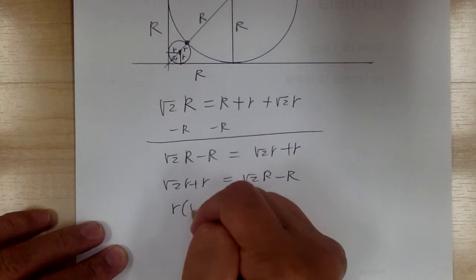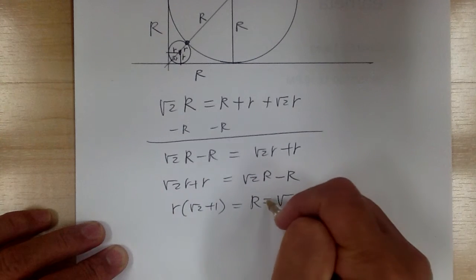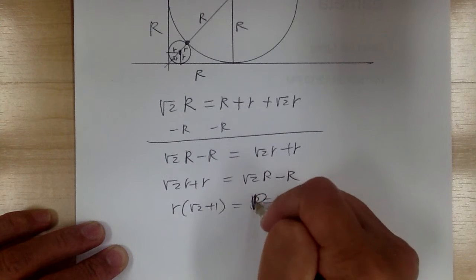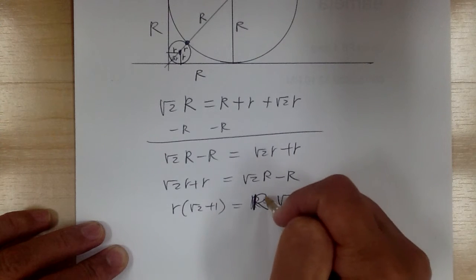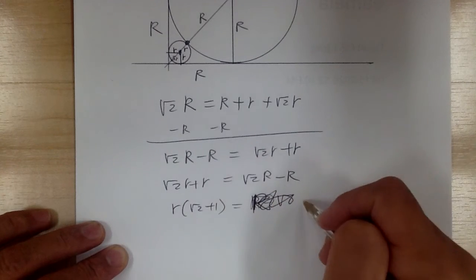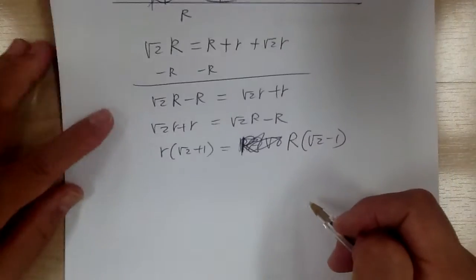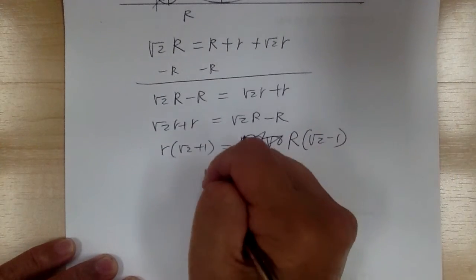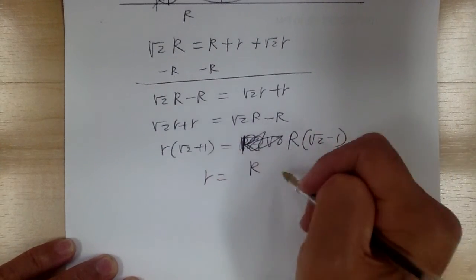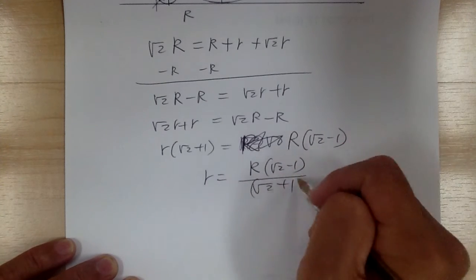Factor the r, factor the big R, so you get square root of 2 minus 1. Then you have to divide. So small r equals big R times square root of 2 minus 1 over square root of 2 plus 1.